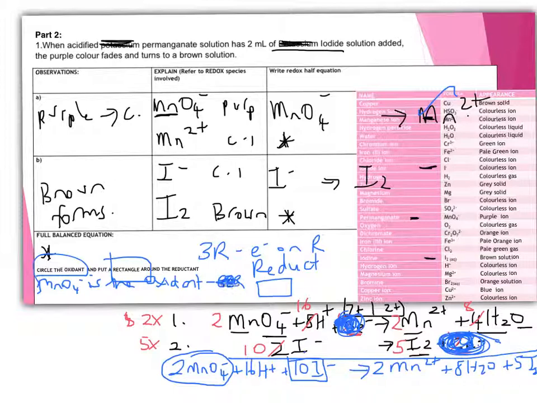We're using this term RIG, reduction is gain, and you're going to say that the I minus is the reductant because it lost electrons and was oxidized. So we've got reductant with OIL, and oxidant with RIG. Okay, hopefully that makes sense.